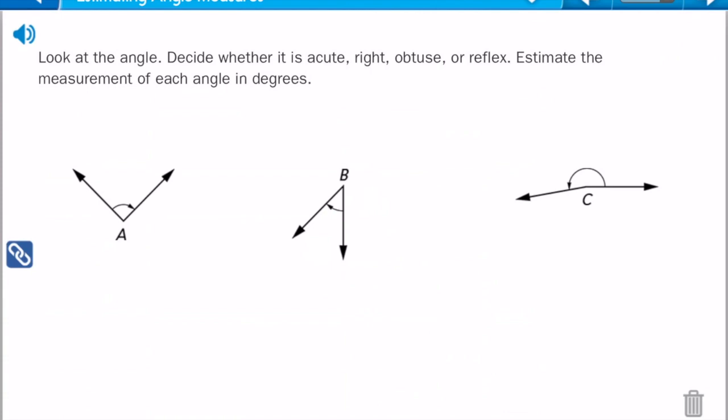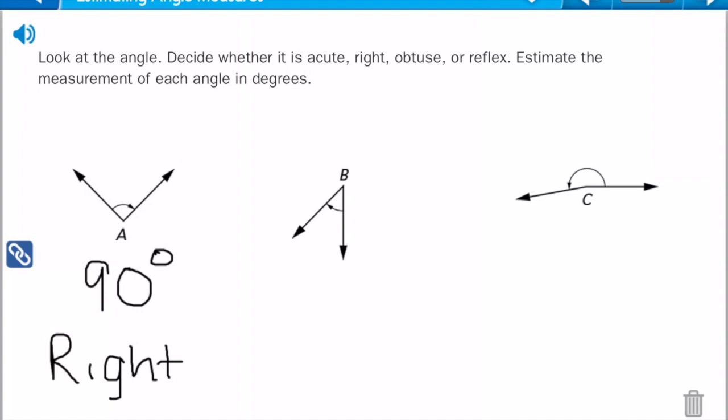If I'm looking at it here, I can think that this is about a 90 degree angle. And so I know that means it's a right angle. So I'm going to just write it underneath here. Later at the end, if you want to go in and fill in the chart, that's okay, but we're just going to do it like this for now.